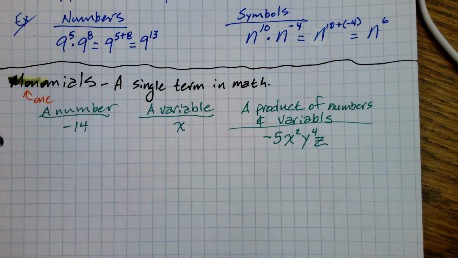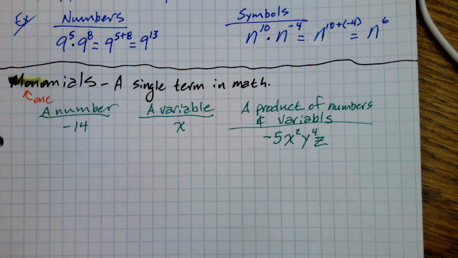So it's a product. You're multiplying numbers with variables. So you could just have a single number and it's a monomial. You could have a single variable, it's a monomial. You could have two or more variables along with a number, as long as everything you're doing there is multiplying. It's a monomial. Okay? So we're going to be interested in these guys more often today.